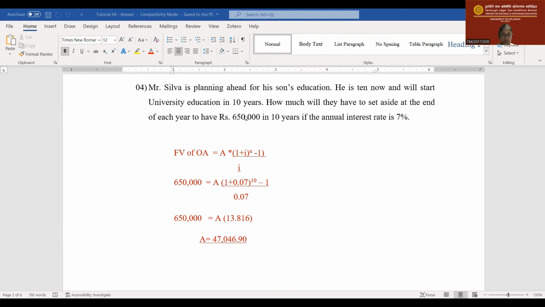Take the calculator, add 1 plus 0.07, then you get 1.07. Type the power sign, and then type 10. Then you get actually 1.9671513573, right? All the digits. 1.9671513573 minus 1, right?